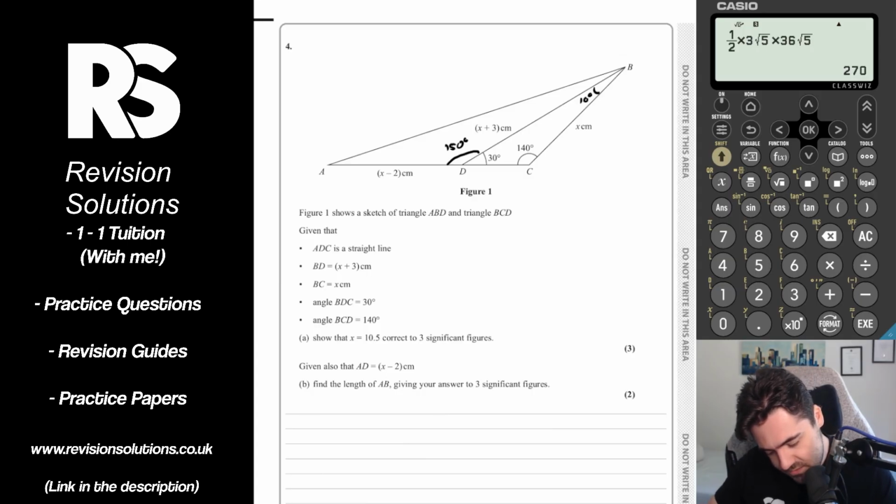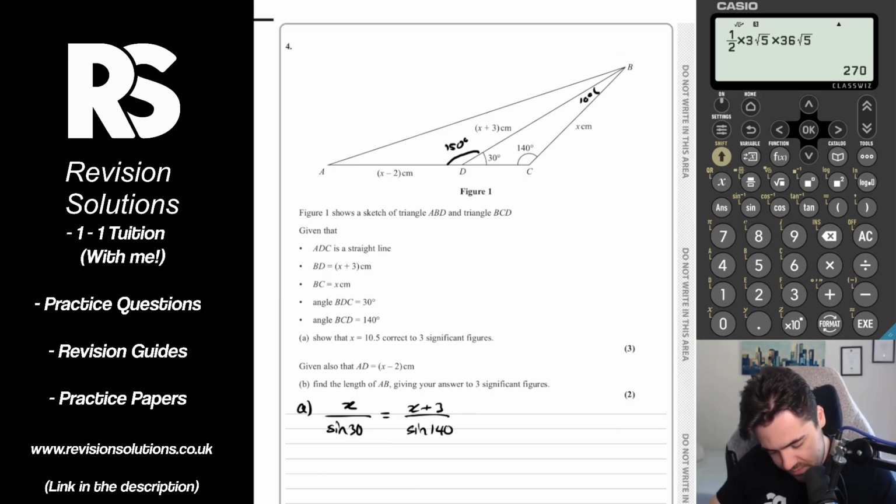So if I use side DB with angle C, well, the angle here, and then this side with this angle. So the sine rule would then say, for part A, that we'd have x over sine 30 equals x plus 3 over sine 140.